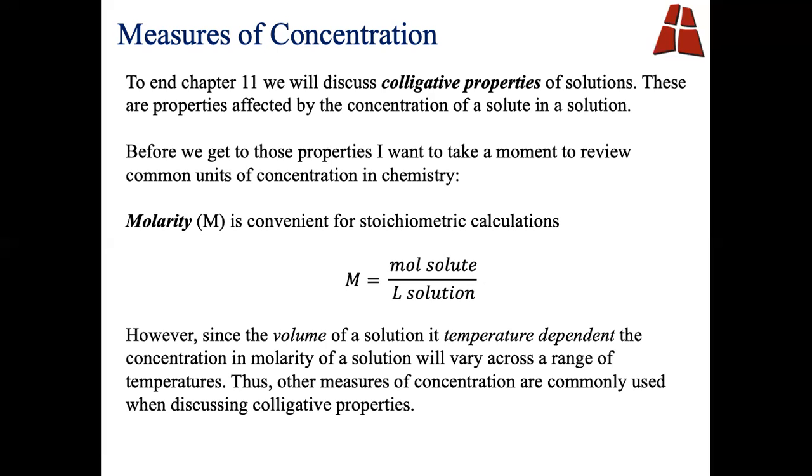However, the potential issue with this is that when we do volume, so liters are a measure of volume, right? That is a property that is going to be temperature dependent. And so that means that the concentration in molarity may change across a range of temperatures because our volume is going to change. And so that's part of the reason, at least, we'll use different measures of concentration when we're talking about these colligative properties, okay?